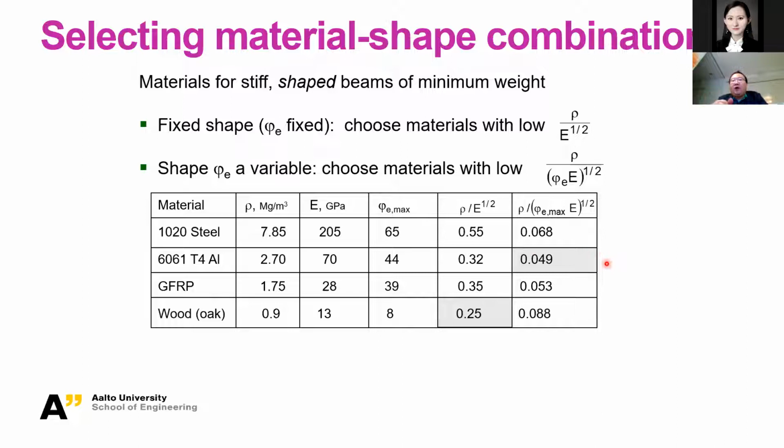So this is actually part of the reason why for the exercise before, in reality, we didn't go for wood, although it gives the very good rho over E modulus.